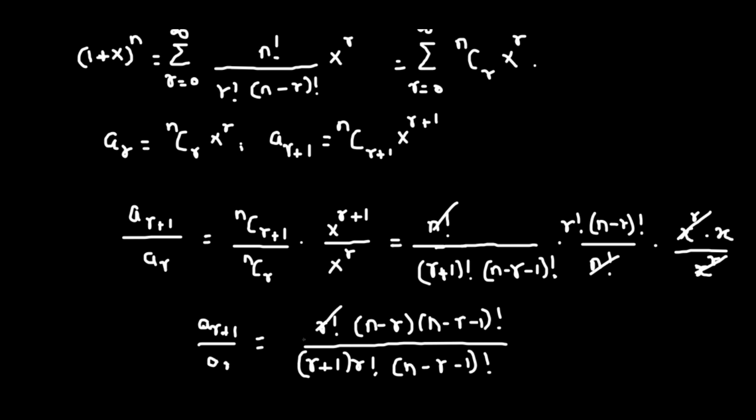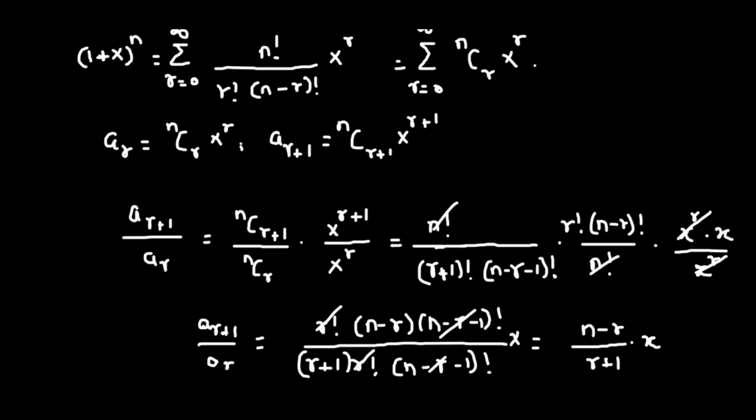So we cancel out all the common terms from the numerator and the denominator, and that leaves us with the x as well. So we have (n minus r) divided by (r+1) times x.